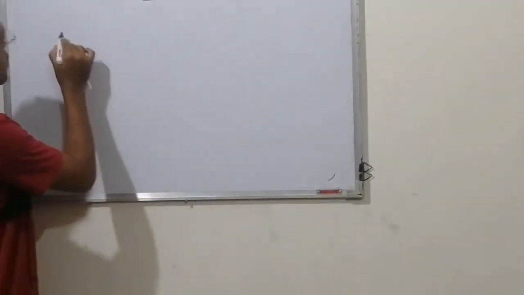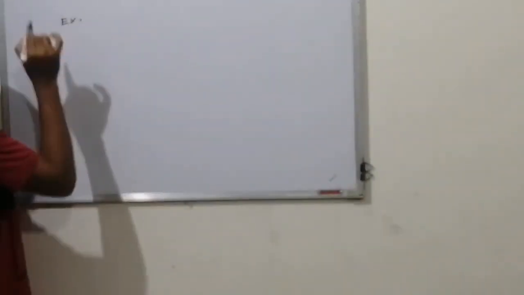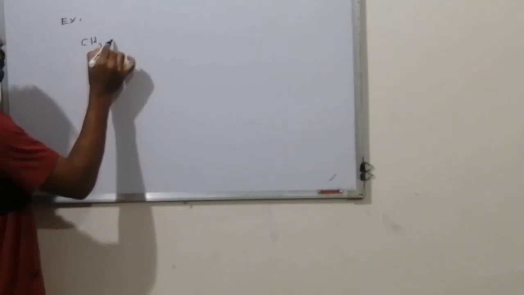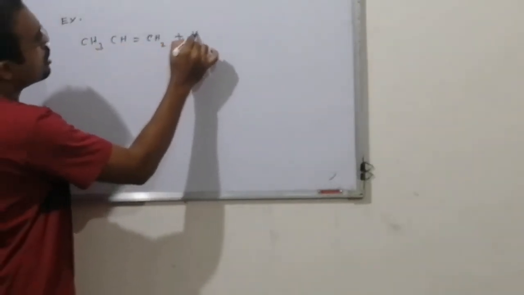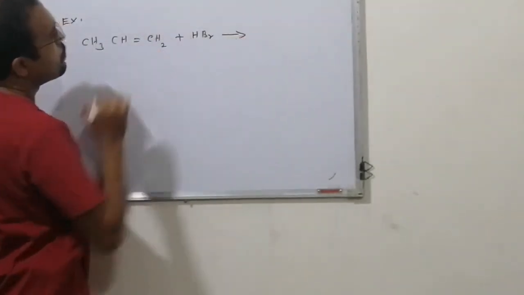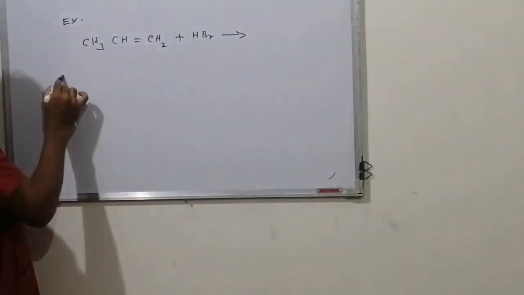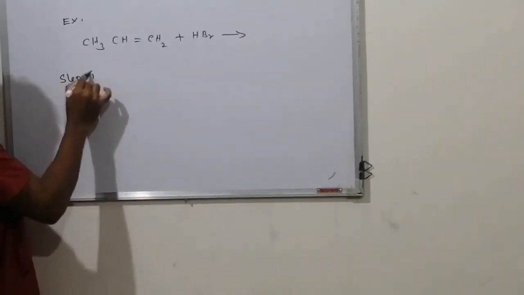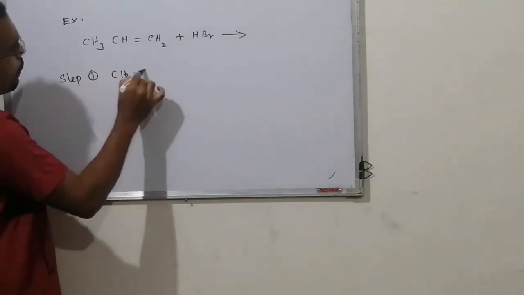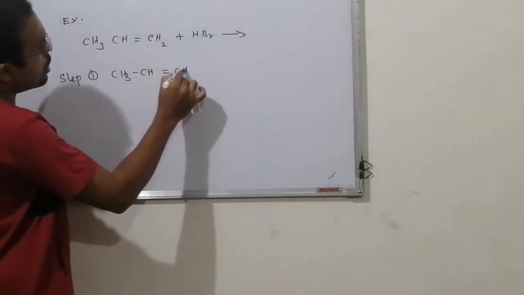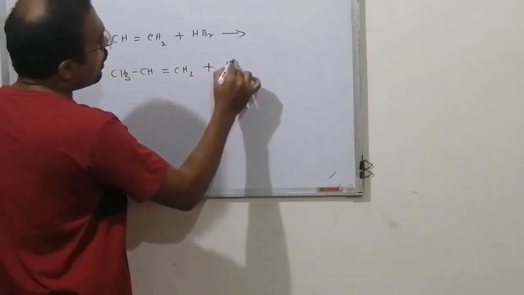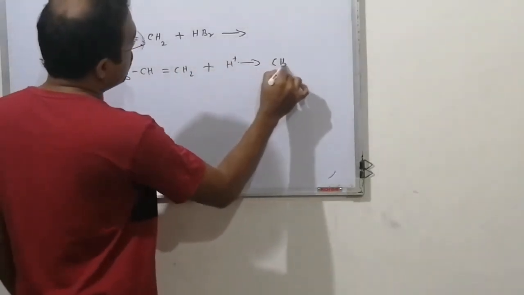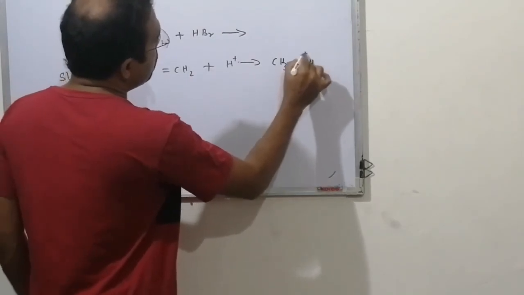For example, I will tell you one example. CH3CH=CH2 plus HBr. What is the mechanism of this reaction? Step 1 is CH3CH=CH2 plus H+ gives CH3CH+CH3.